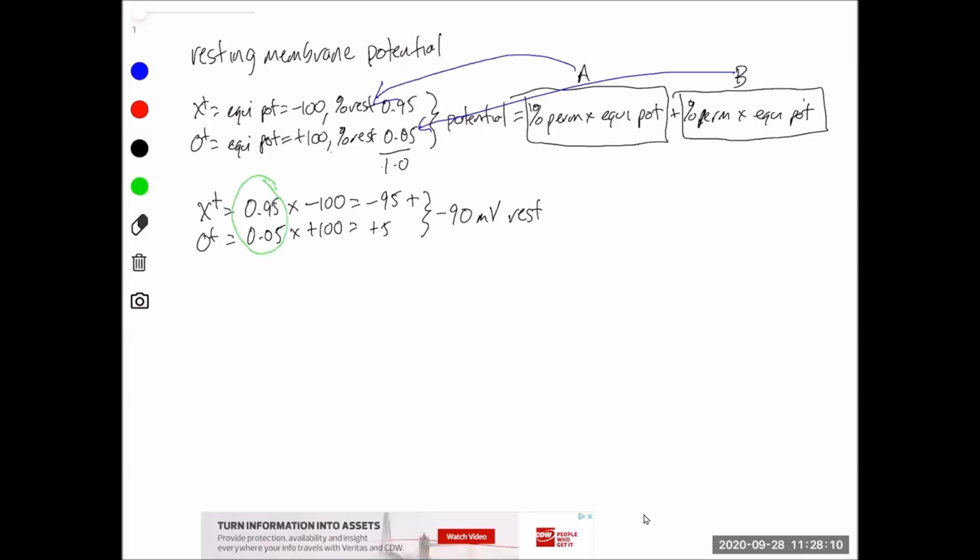The equilibrium potential doesn't change at all for the given scenarios. All it changes is the percent permeability of the two ions given the situation, whether it's rest or peak. And in this case, we actually have hyperpolarization. So I'm going to do this one in blue.